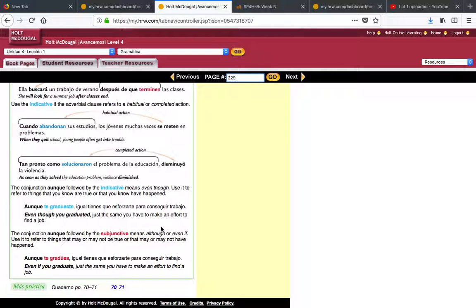So again, let's go back. Aunque plus present tense, you use that expression to refer to things that you know are true, and aunque plus indicative means even though. Now, aunque plus subjunctive means even if, and refers to things that might not be true.